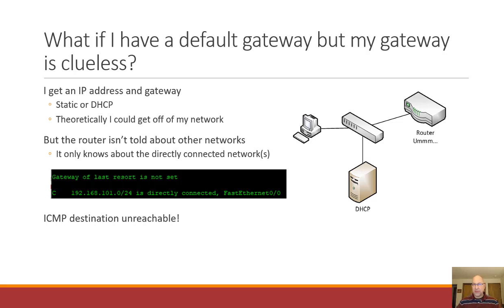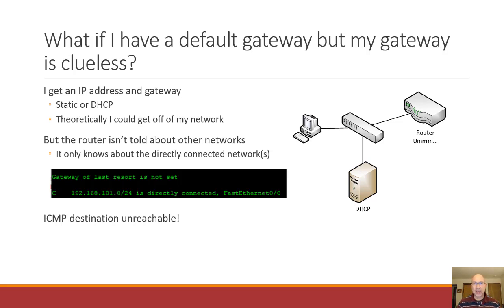Theoretically, because I have a default gateway, I could get off of my network. But the router isn't told about any other networks, so it only knows about the directly connected. So in this case, the router in this particular topology would have one directly connected network, and that would be the one that we're sitting on, 101.0. So what would I get if I tried to ping anybody else?